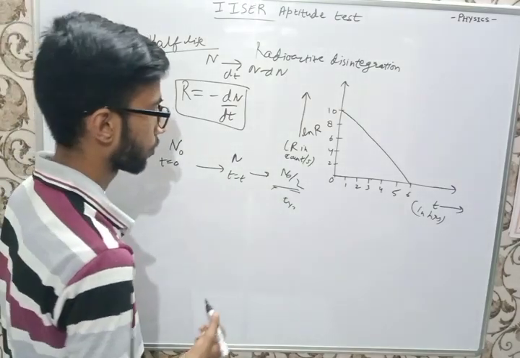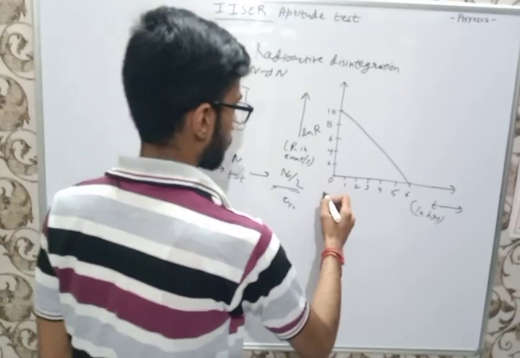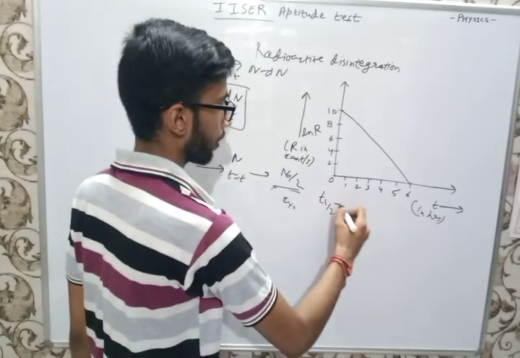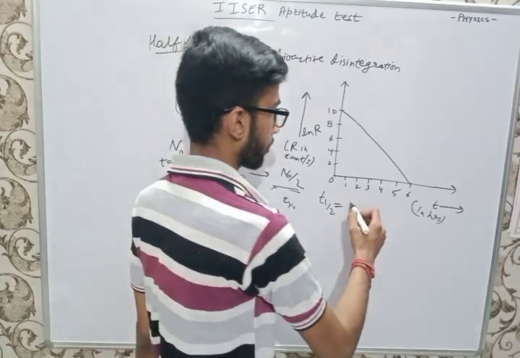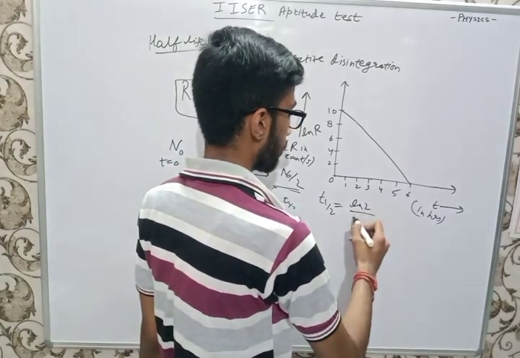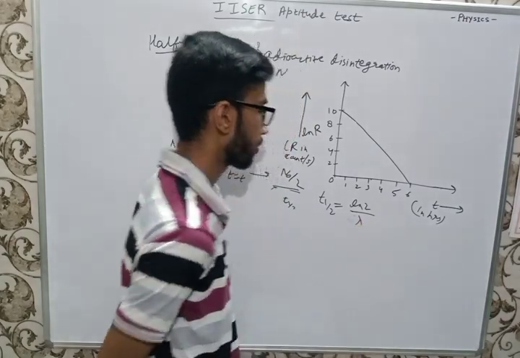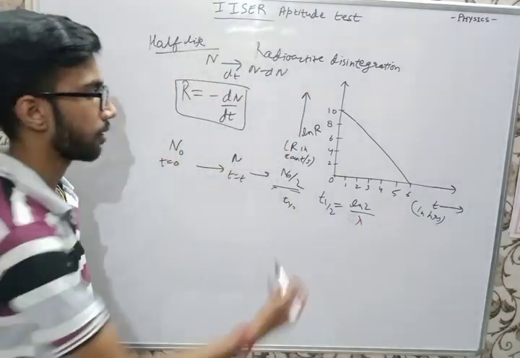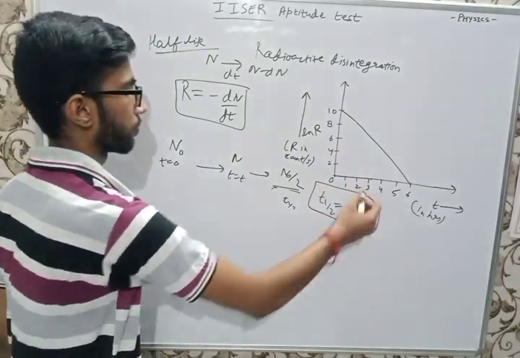Okay. There is a relation between t half and this disintegration constant lambda, which is t half equals ln 2 over lambda.